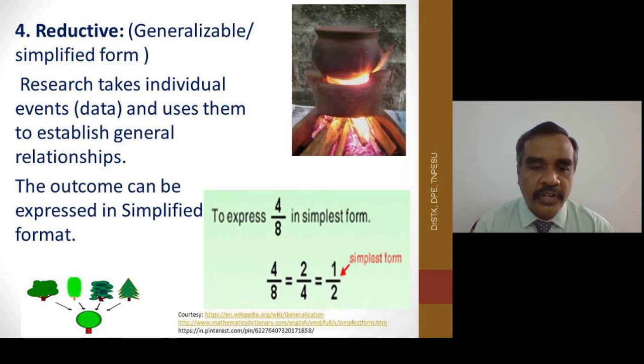So that is called generalization. Simplified form: to express 4 by 8 in the simplest form, you can express it as 1 by 2. So research needs the simplest form and generalization.